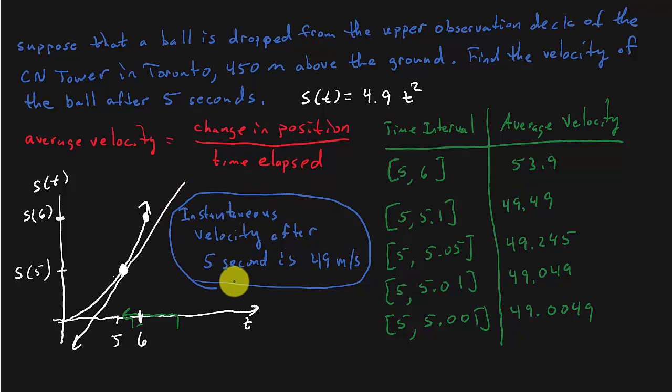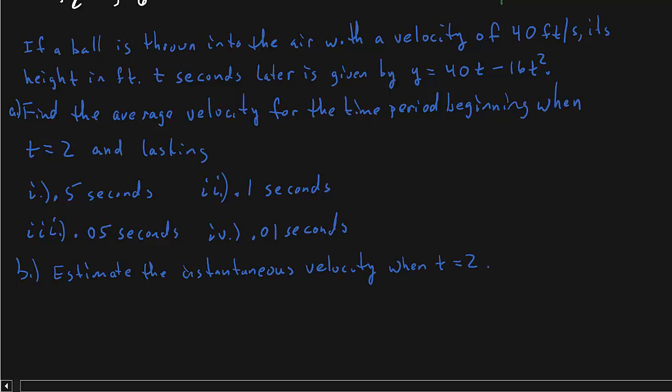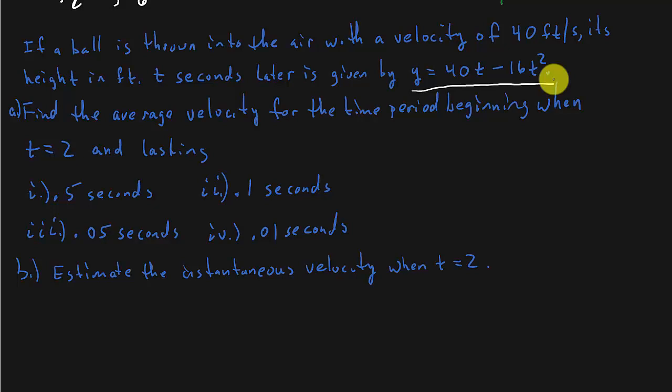All right, let's work one more. All right, so here's our next example. It says, if a ball is thrown into the air with a velocity of 40 feet per second, its height in feet t seconds later is given by this function here, y equals 40t minus 16t squared.